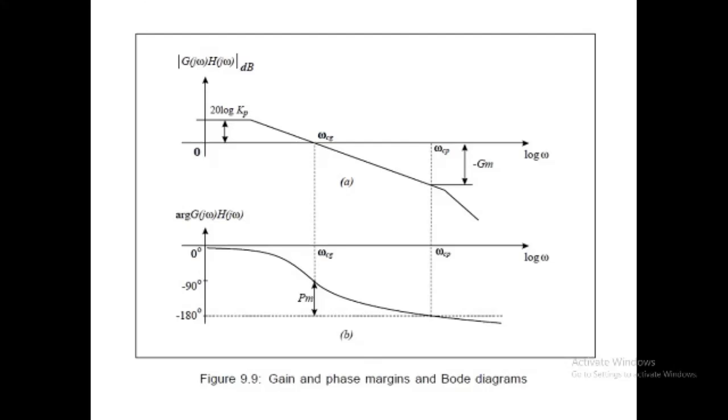For small and large frequencies, we have a straight line approximation. The straight lines intersect at omega equal to p, which is also known as the corner frequency. The actual magnitude curve is below the straight line approximation, and it has its biggest deviation from the asymptotes at the corner frequency.